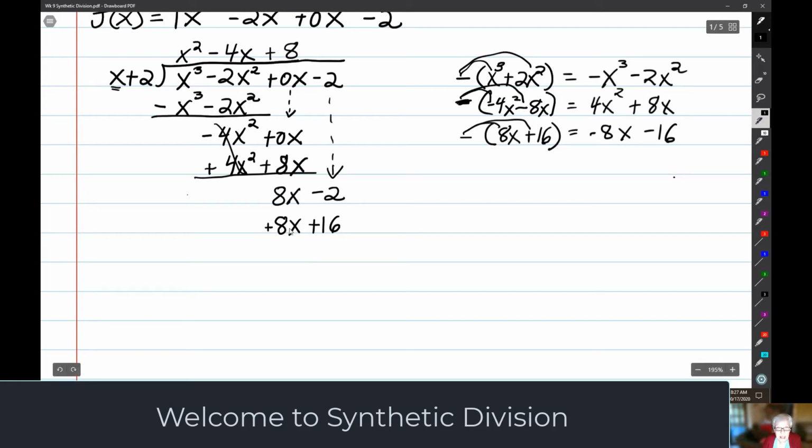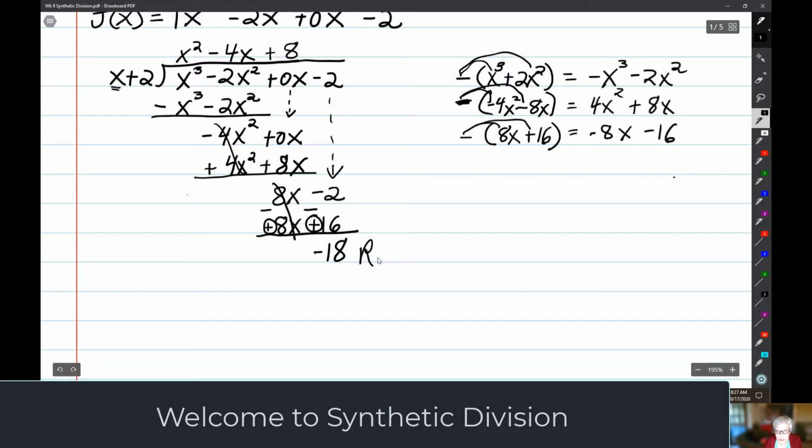This is positive 8x, and this is positive 16, but I'm going to draw the line and change the sign. Little rhyme there. Draw the line, change the sign, which is doing that. So 8x minus 8x is 0. And negative 2 minus 16 is negative 18.